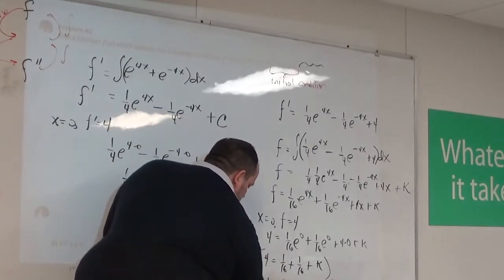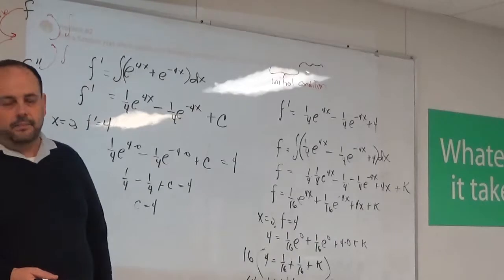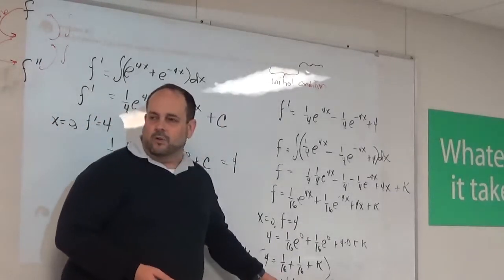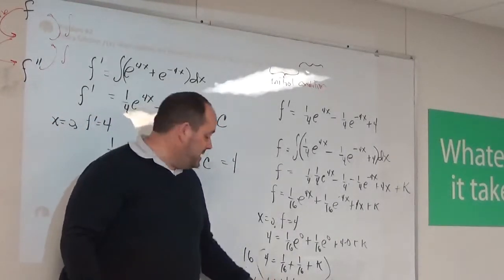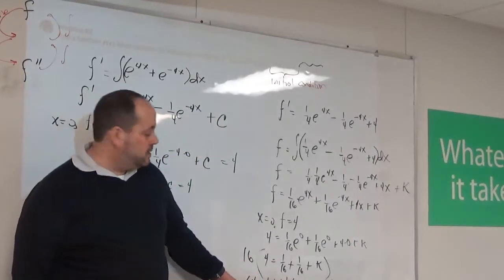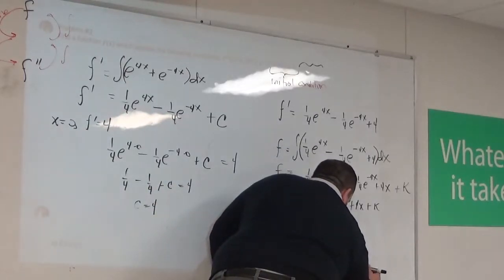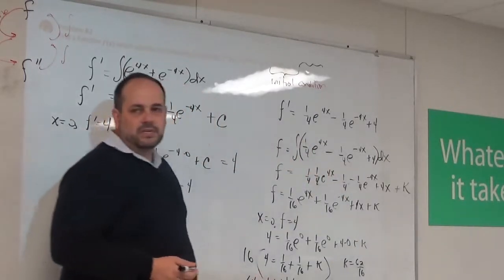16 times 1/16 is 1. 16 times 1/16 is 1. 16 times k is 16k. You've got whole numbers. This is a much easier process now. 1 plus 1 is 2. Subtract it from the other side. Divide everything by 16. You're going to get that k is 62/16.